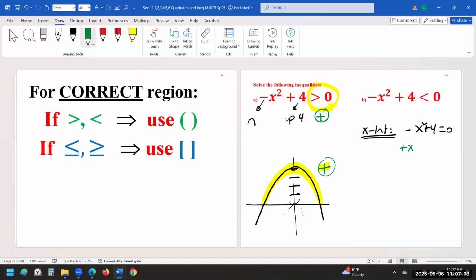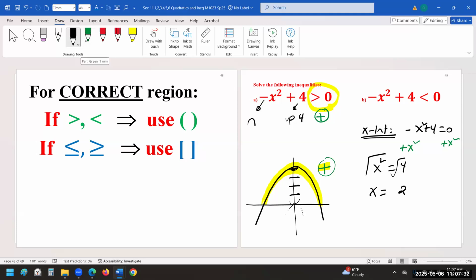We can add the x squared to both sides, so it will become positive. We get x squared equals 4. And then to get x, what do we do? Square root, perfect. So we get x equals 2.